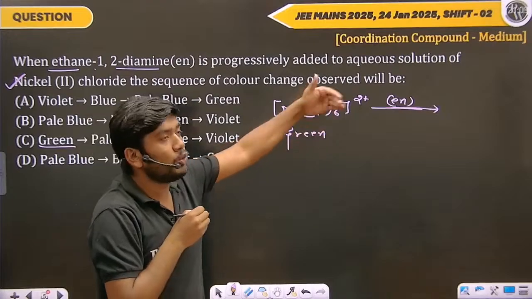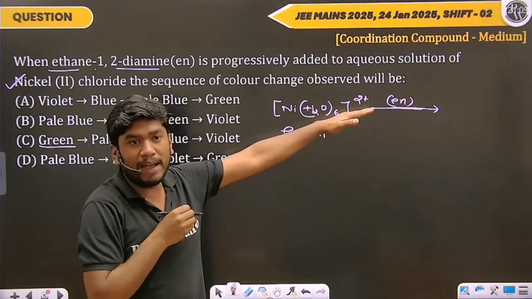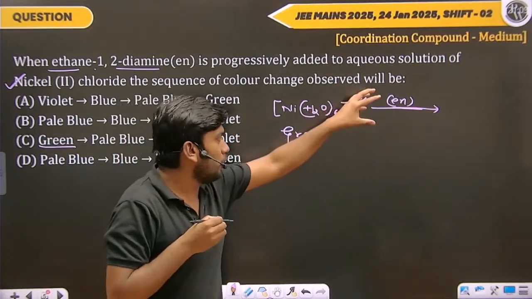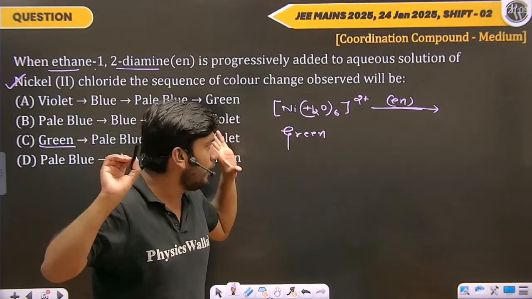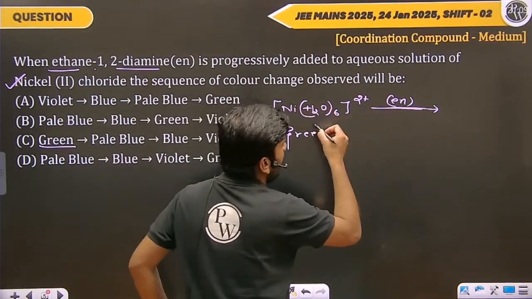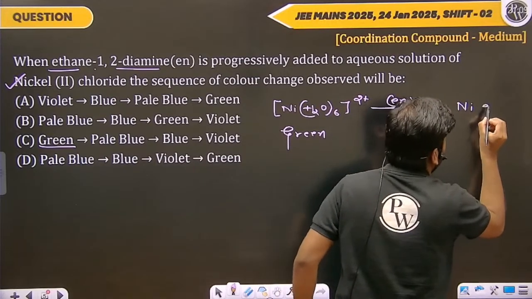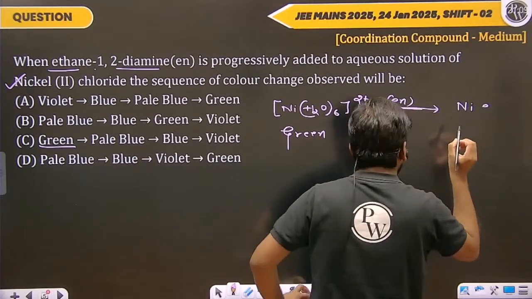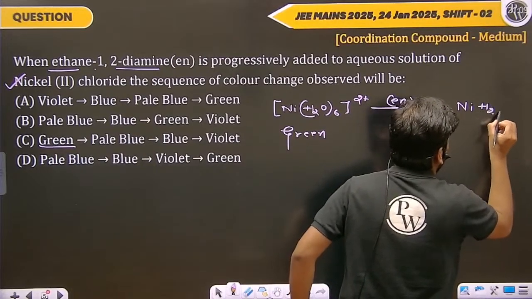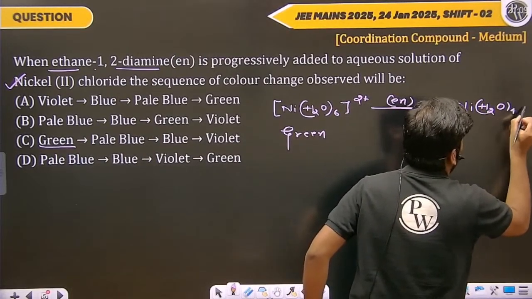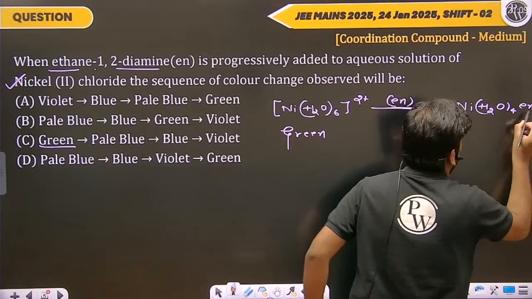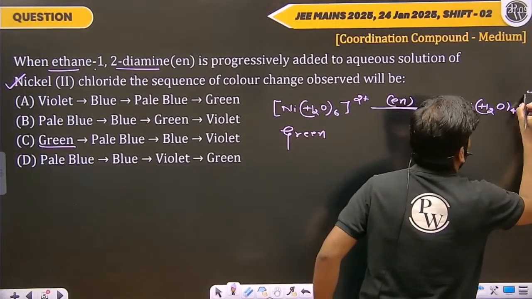You know 1,2-diamine is a bidentate ligand, and the donor site we know very well. It will remove 2 H2O, and then it forms nickel with H2O four and one en. Step by step we add it. This is neutral ligand and the charge would be 2 plus.